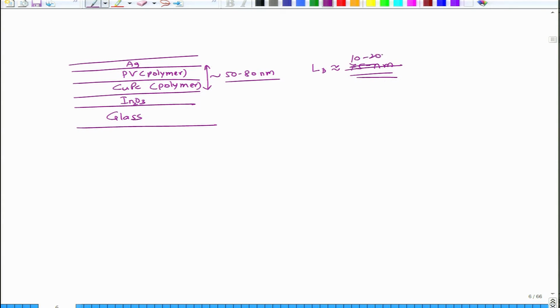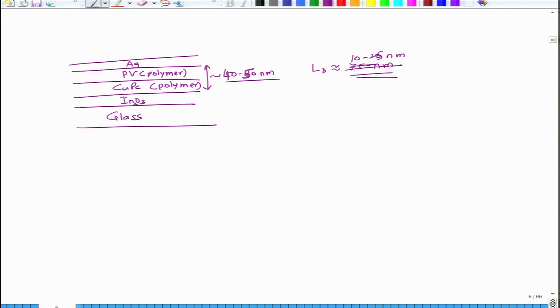Sorry, I am saying 10 to 20 nanometer. So for either side of the junction, you can have about 20 nanometer. So roughly 40 to 50 nanometer thickness is possible in these devices. So this can give you 10 to 25 nanometers of thickness.